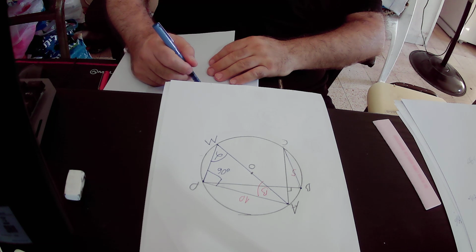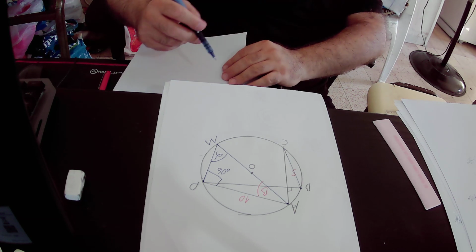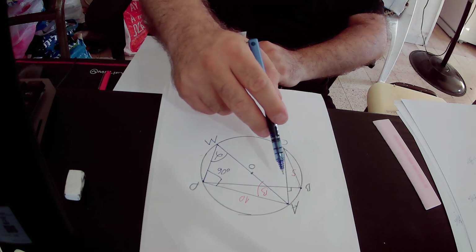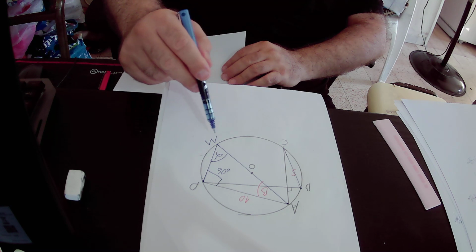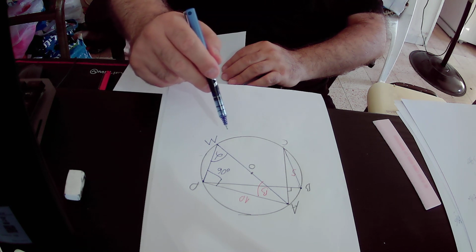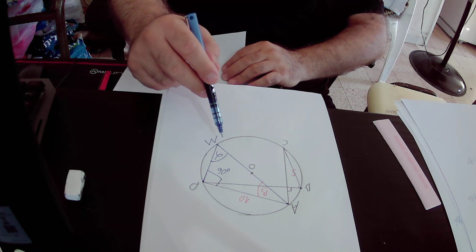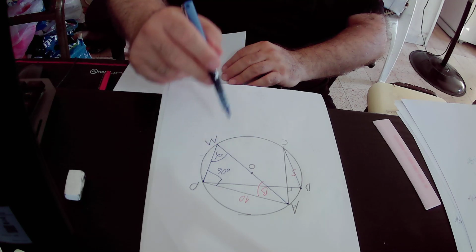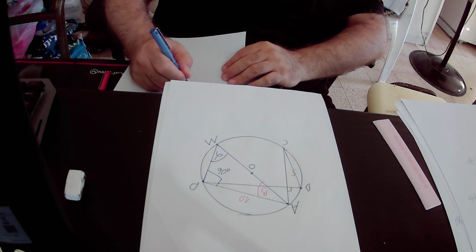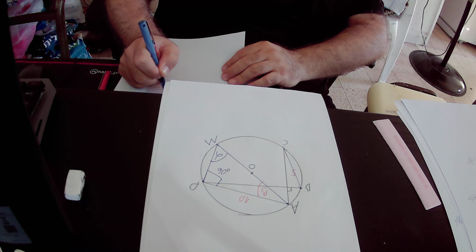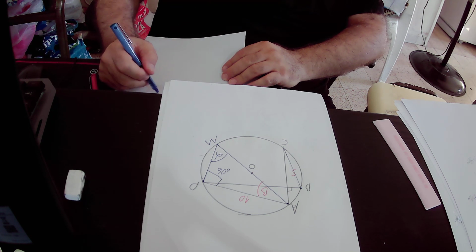Okay, so I will write it down. The sum of the angles of the right triangle ADM equals 180 degrees. That is to say, alpha plus beta plus 90 degrees equals 180 degrees.